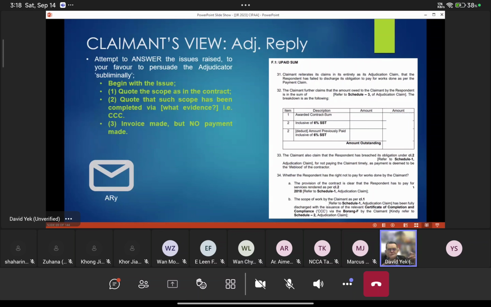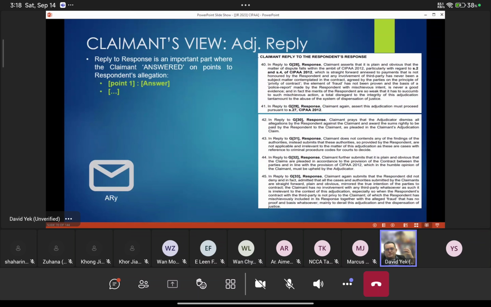You have to quote, this is the scope of the contract, this scope has been completed, this invoice has been made, but payment is not made. Bring the whole thinking into the issue that you want the adjudicator to decide. You do it in such a way that it becomes point one answer and so on and so forth. Answer point to point of the respondent's response.